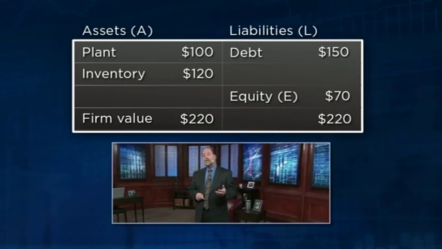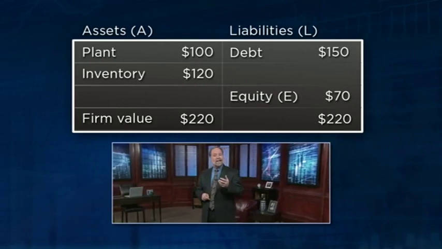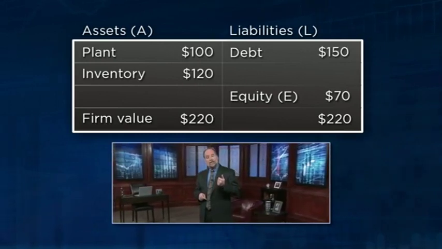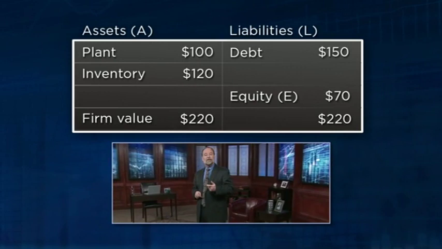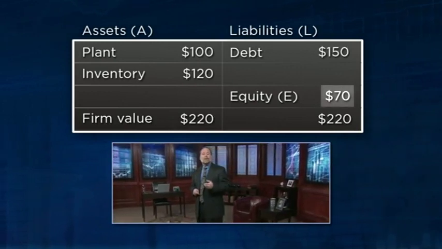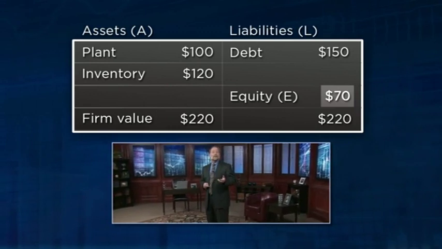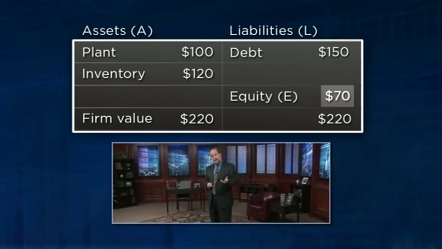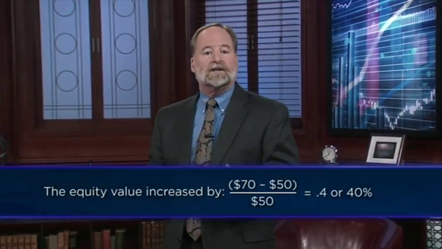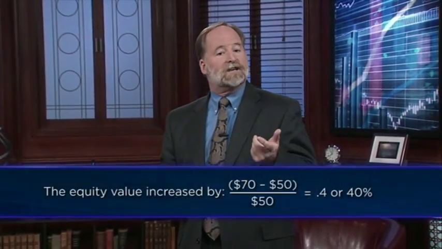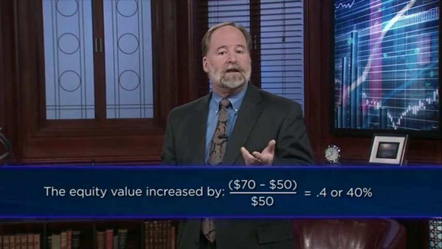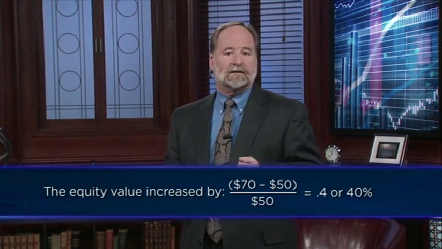When the assets increase in value to $220 million, the equity value rises to what? 220 minus 150, to $70 million. This happens because the value of the debt remains at 150 because it is risk-free, and it is still risk-free. When the good news arrived, the equity value increased by (70 minus 50) divided by 50, 0.4, a 40% increase.